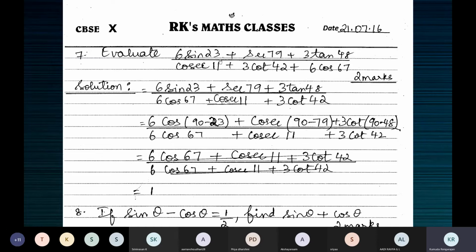So 6 sine 23 is equal to 6 cos 67, secant 79 and cosecant 11 are the same, 3 tan 48 and 3 cot 42 are the same. So the value of this expression is the same as the value of this expression. You cannot cancel them individually, but like x plus y plus z over a plus b plus c, they get cancelled, and the answer is 1.